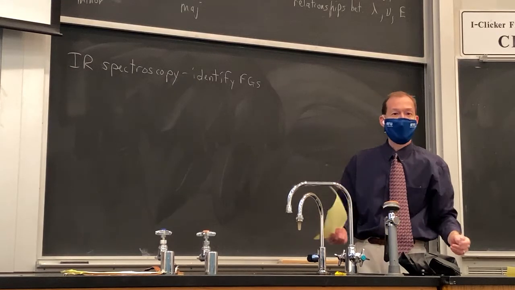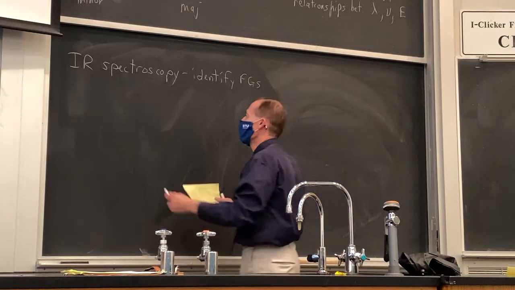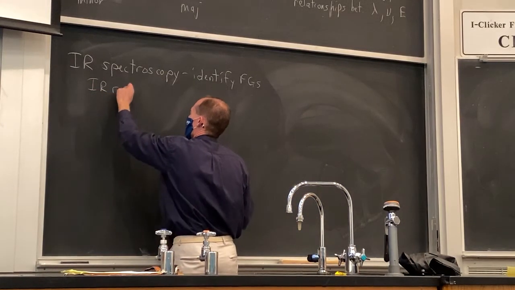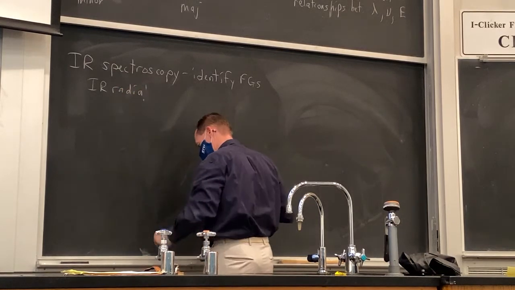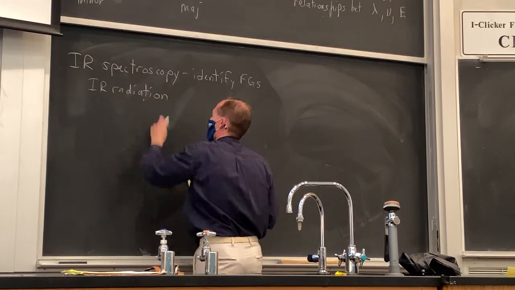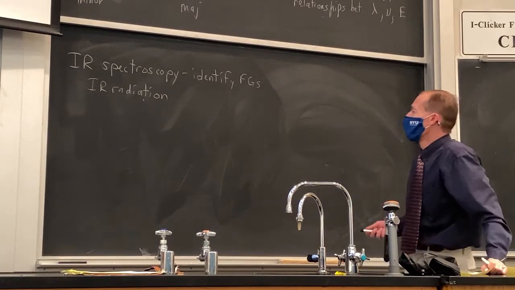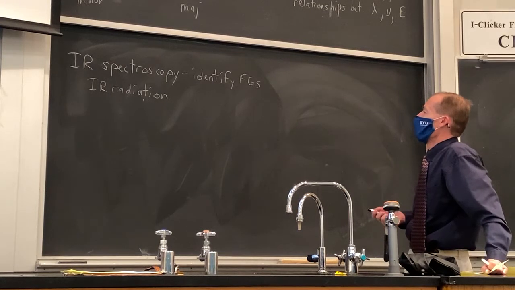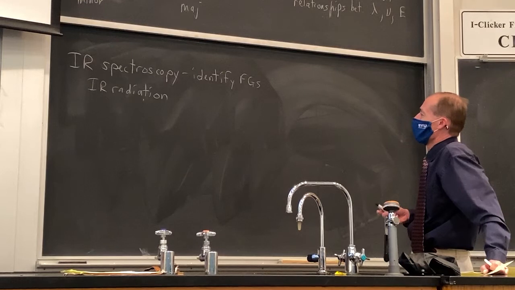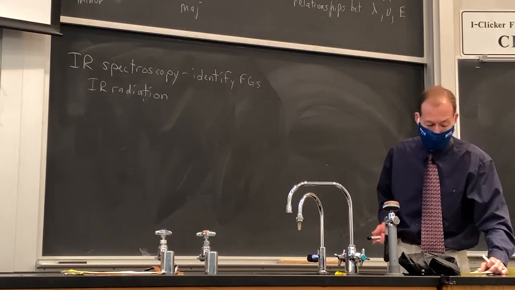How are we identifying the functional groups? What type of electromagnetic radiation are we using? We're using infrared radiation. IR radiation is going to have longer wavelength, lower frequency, and lower energy than visible light.